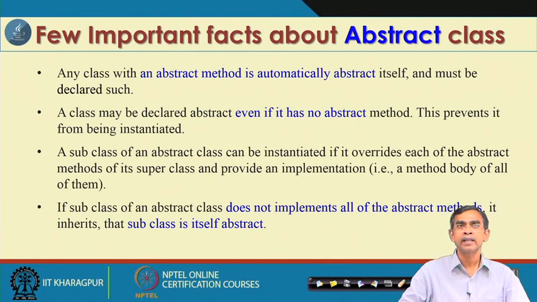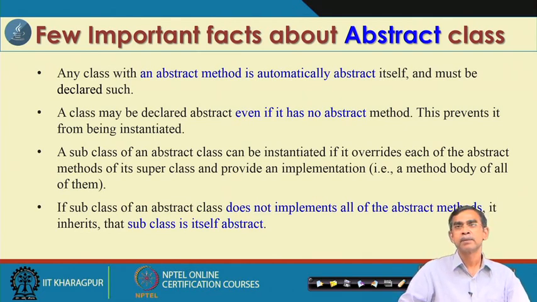A subclass of an abstract class can be instantiated if it overrides each of the abstract methods of its superclass, otherwise the subclass object cannot be created. That is what I want to say here. If a subclass of an abstract class does not implement all the abstract methods declared in the abstract class, then the subclass itself is abstract, because we cannot create any object of that abstract class.